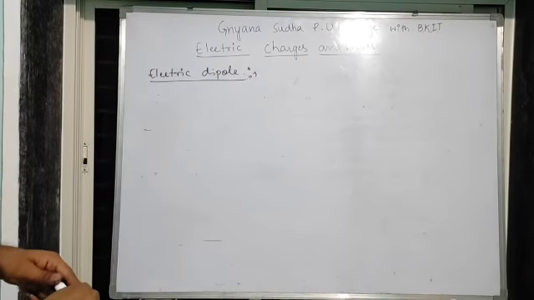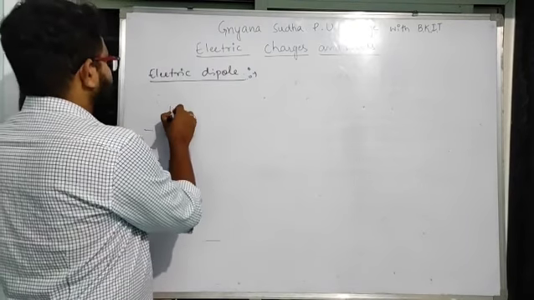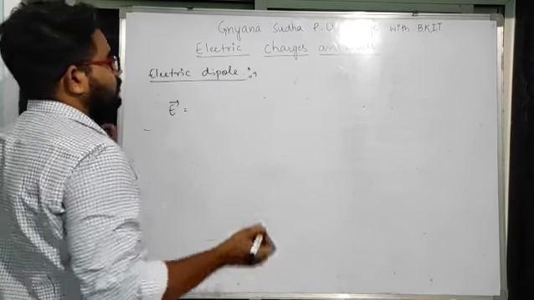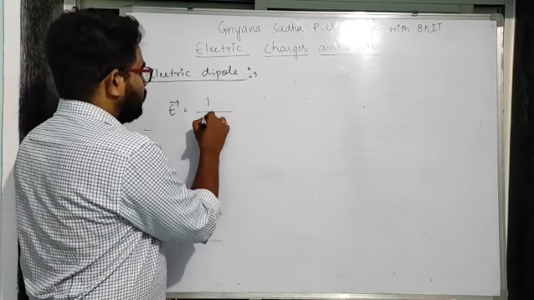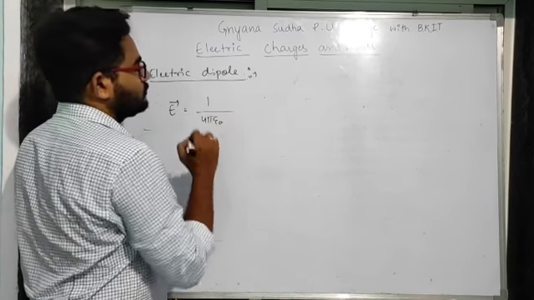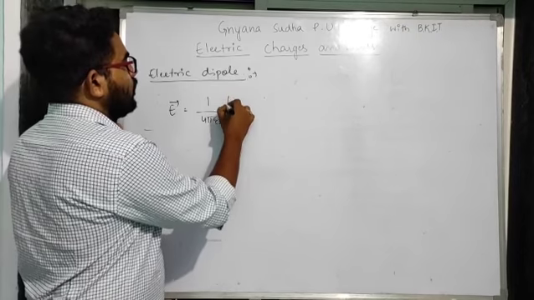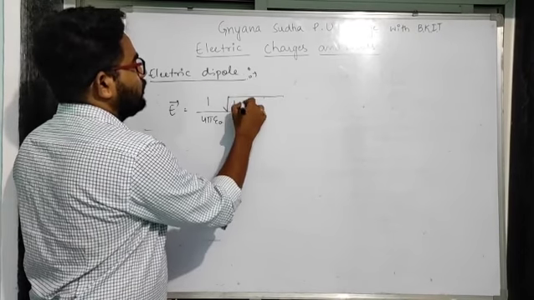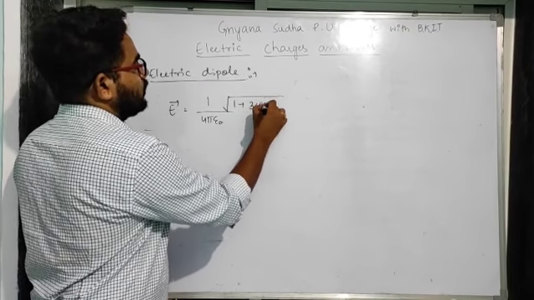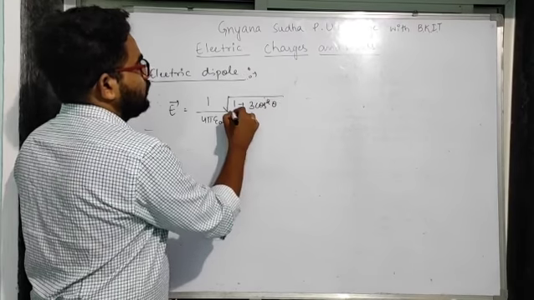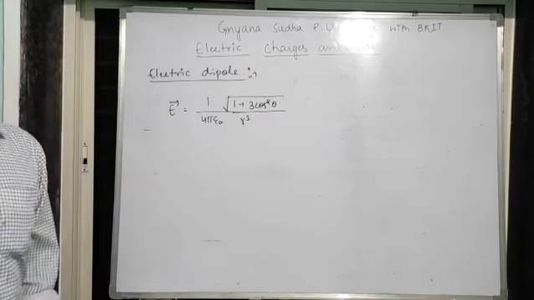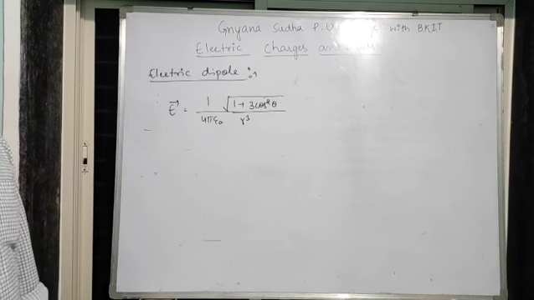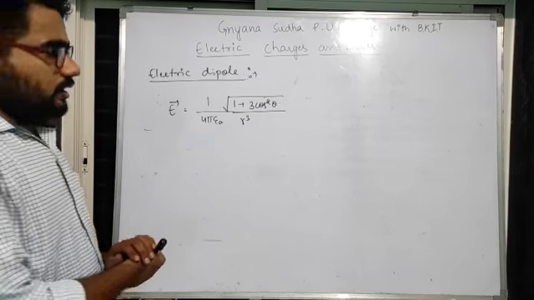it will be given by electric field is equal to 1 by 4 pi epsilon naught into under root 1 plus 3 cos square theta divided by r cube. This is the formula, okay.